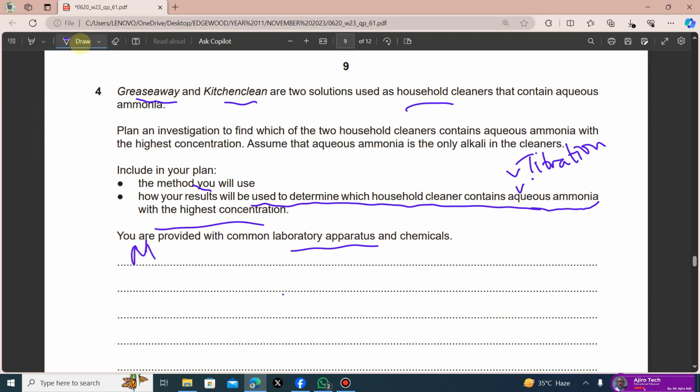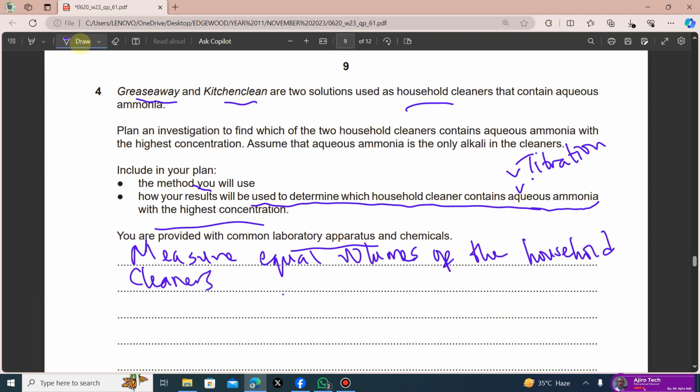Measure equal volumes of the household cleaners into a conical flask. Okay, so you measure equal volumes of the household cleaners into a conical flask. Just going to write this properly. So, into a conical flask.